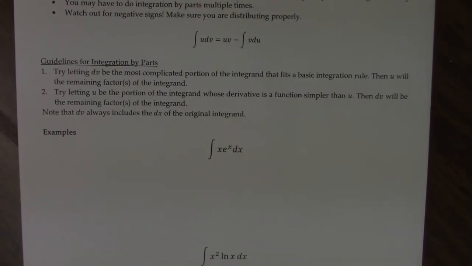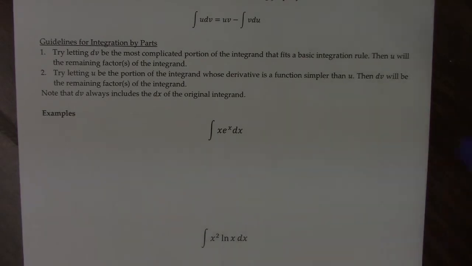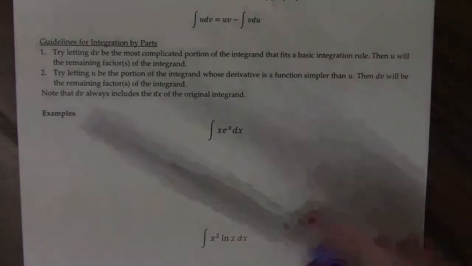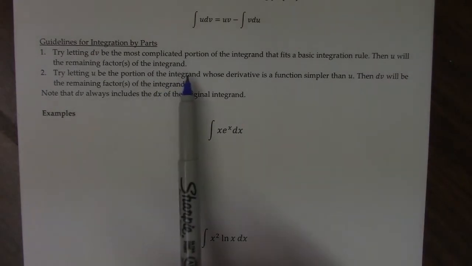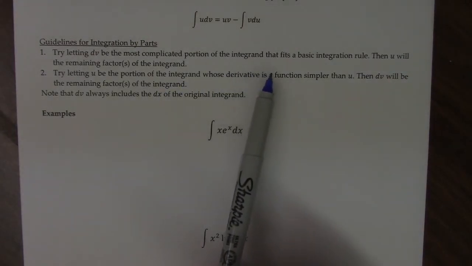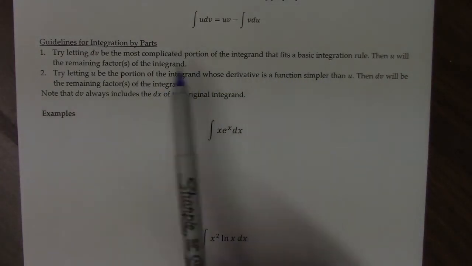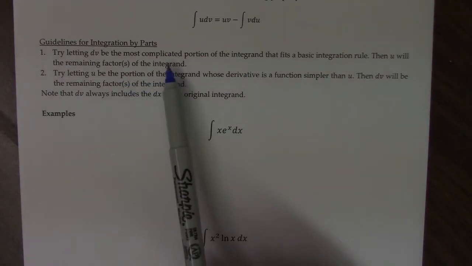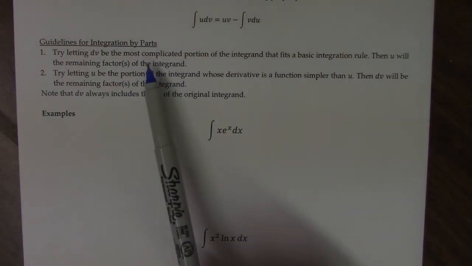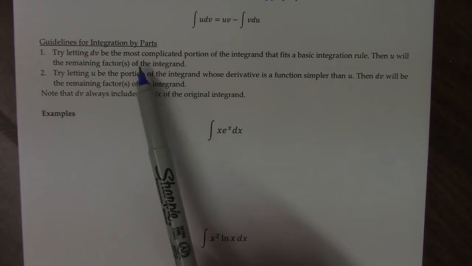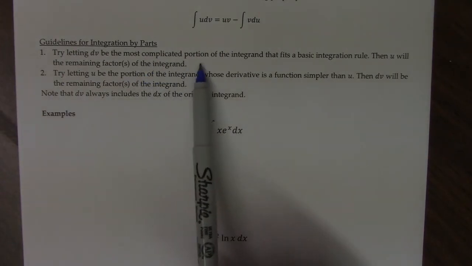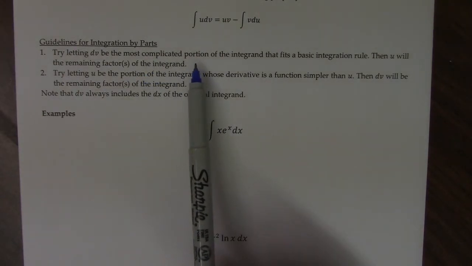So there are some guidelines that'll help you when you're looking at these integrals, trying to decide what decisions to make. Try letting dv be the most complicated portion of the integrand that fits a basic integration rule. Then u will be the remaining factors. The trick here is that dv is going to have to be integrated. So if it's complicated, make sure it's something you actually know the antiderivative of.